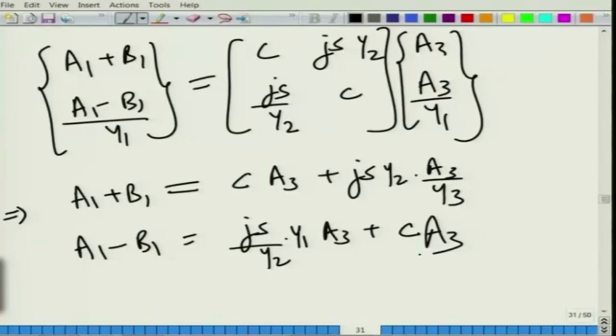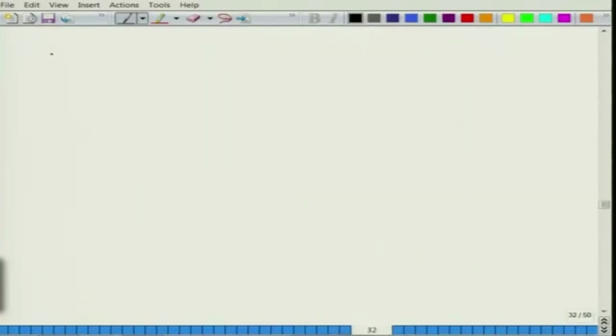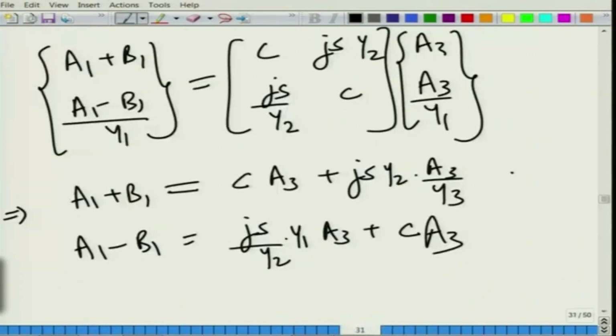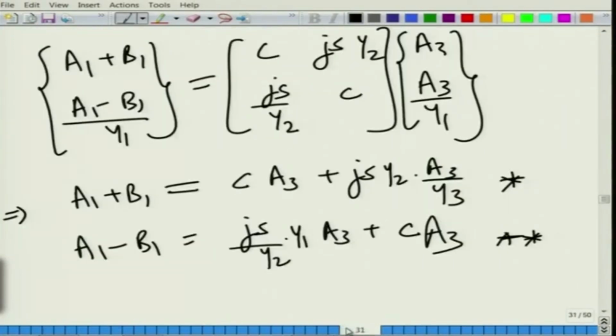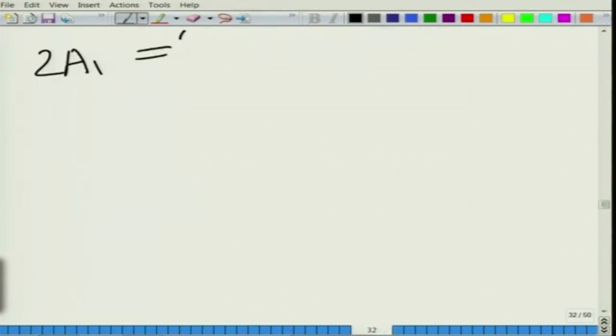Okay. So, now I guess you should be able to figure out, just by adding these two equations, that is your equation star and double star. If we add these two equations, what will we get? 2A1 is equal to, we will take A3 common throughout. So, let me write this A3 somewhere here, assuming that we will need that much space.